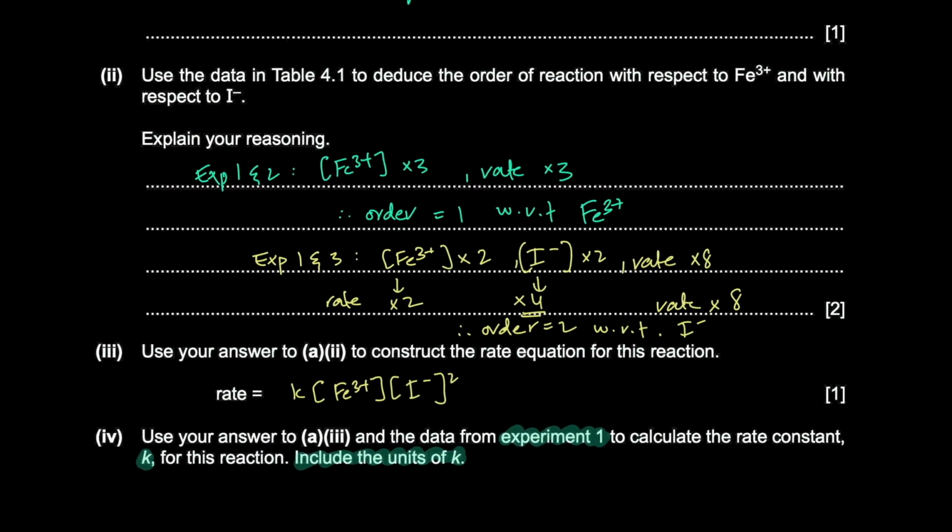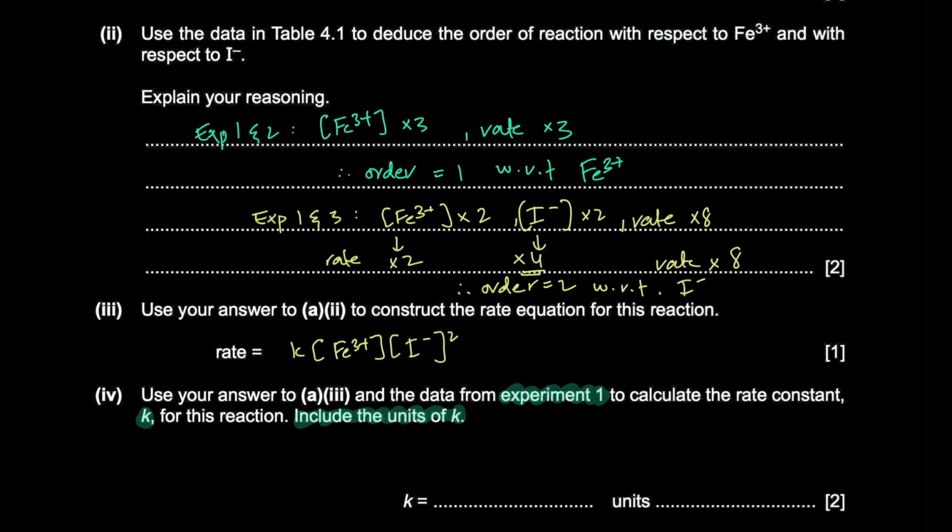So we have 2.64 times 10 to the power of minus 4 equal to k times the concentration of Fe3+, which is 0.04, times 0.02 squared. And then what we end up with is k as 16.5.